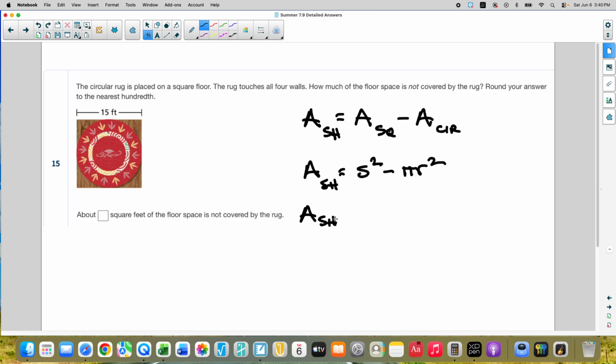So area of shaded equals s. Each side is 15, so 15 squared minus 3.14 times the radius. Radius is going to be half. This is the diameter, so that's going to be 7.5. Quantity squared. 15 squared, we've done that already today. 225. 3.14. 7.5 squared, we haven't done today.